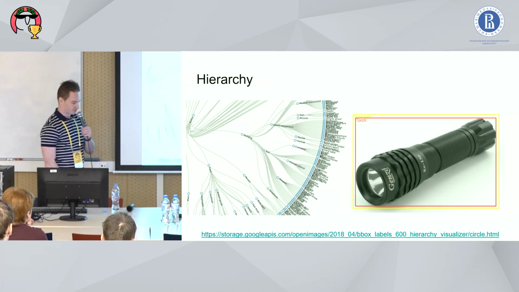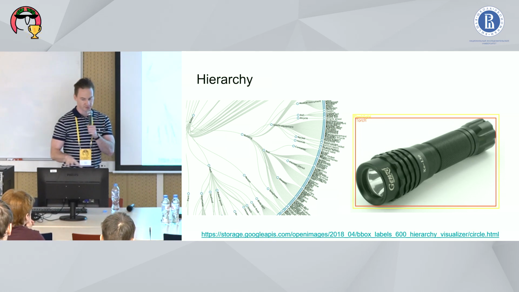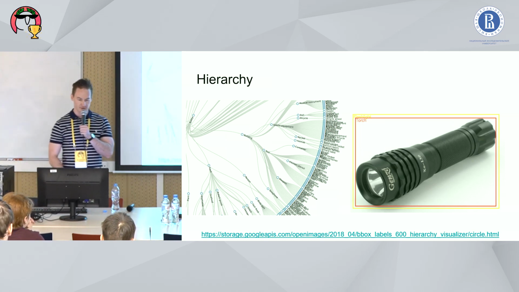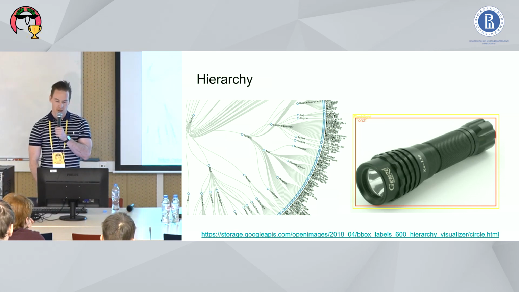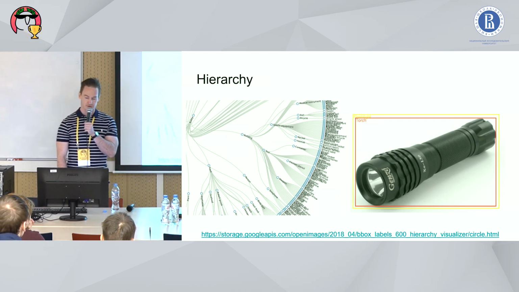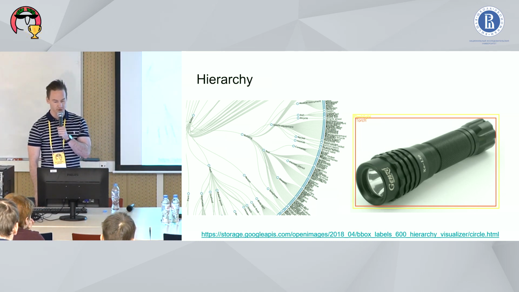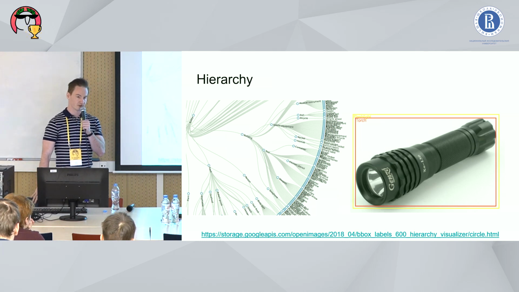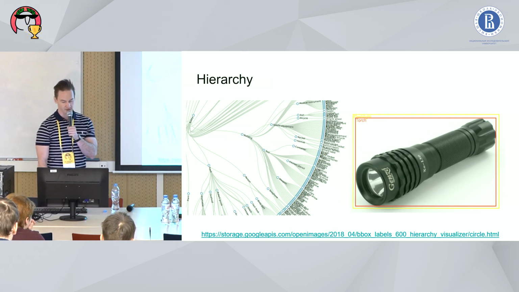Okay, but it's not a flat structure of the classes. It's some kind of hierarchy. So, for instance, there is a torch, and at the same time, it's a flashlight. For this kind of image, you need to predict two identical bounding boxes, but with different classes. It's a little bit confusing.